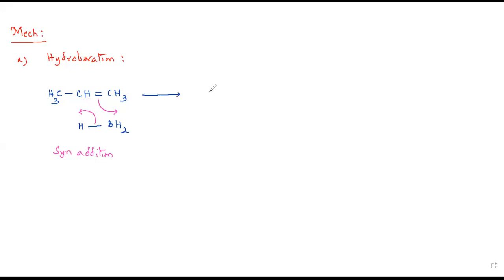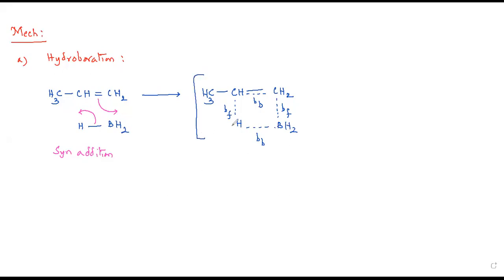Okay, now we get a transition state, CH3 CH, a bond to be formed, then a bond is there, this is going to get broken. It has to be CH2. Now CH2, then a bond to be formed here, this bond is going to get broken, right?